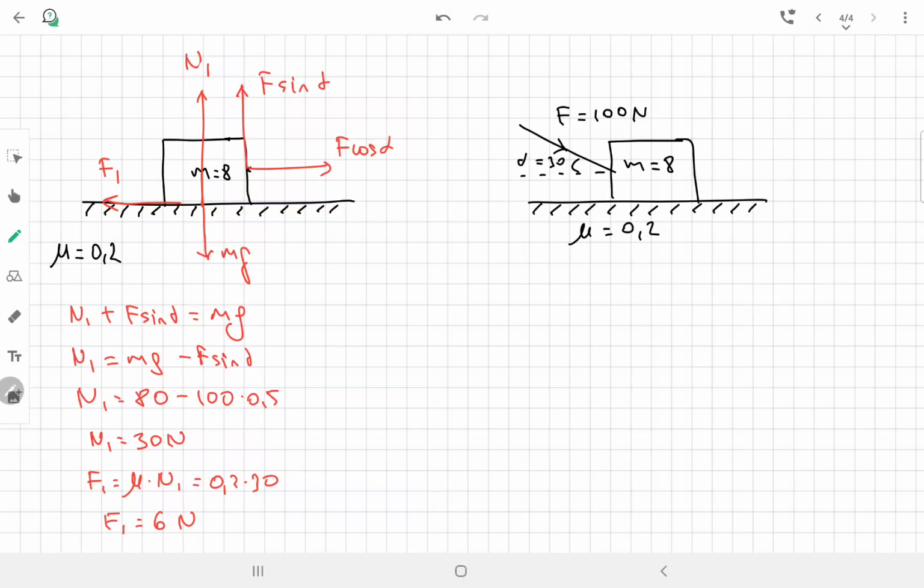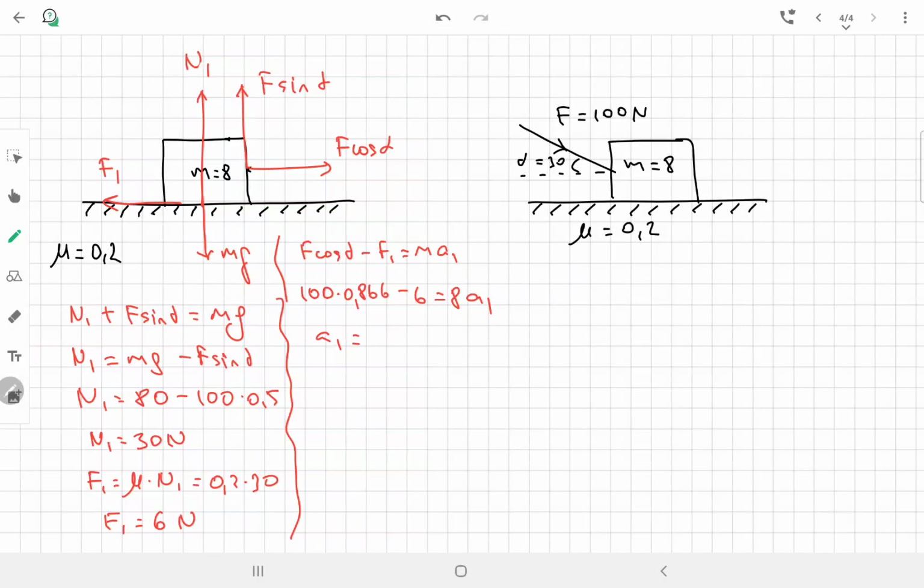And we know that this object can move in horizontal direction. It will move in horizontal direction. So the resultant force in horizontal direction equals F times cosine alpha minus F1 equals M times, let's call it A1, acceleration in this case. So 100 times cosine 30, which is 0.866 approximately, minus friction force 6 equals mass 8 times A1.